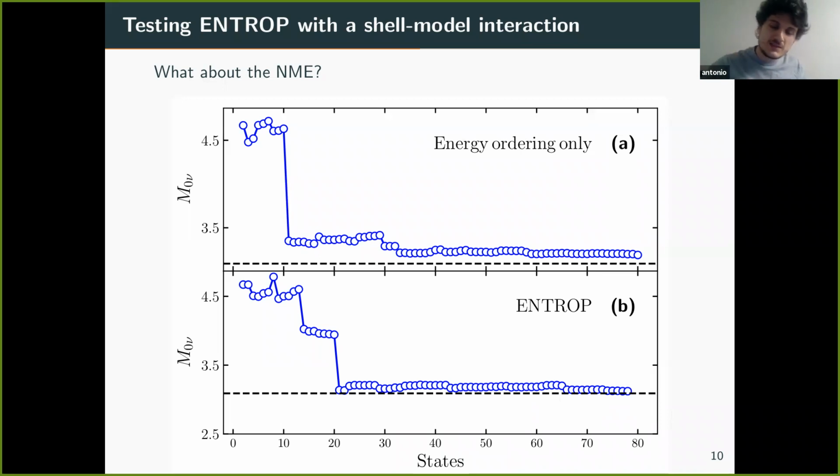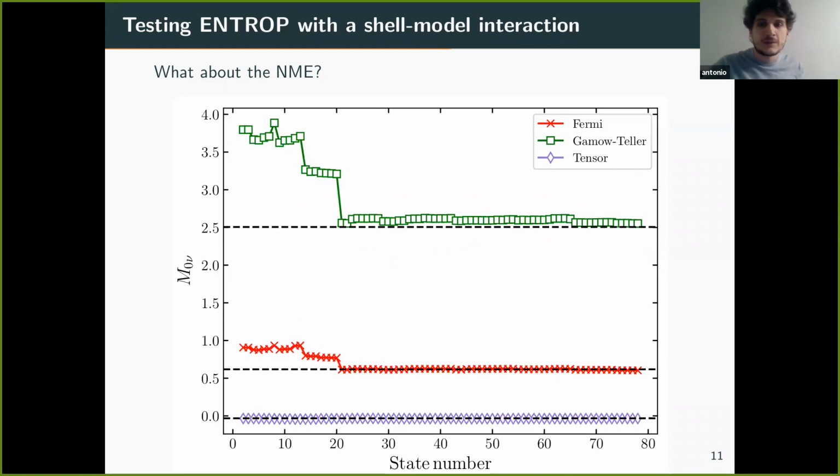Okay, so this is the plot for the total matrix elements, and then we have the one for the Fermi, Gamow-Teller, and tensor parts of the matrix elements. We can see that the convergence is mainly driven by the Gamow-Teller part, which is also the one that contributes most to the nuclear matrix elements. These are the full results with the 184 states. For the Gamow-Teller and tensor parts, I think they're also very close to the exact shell model results.